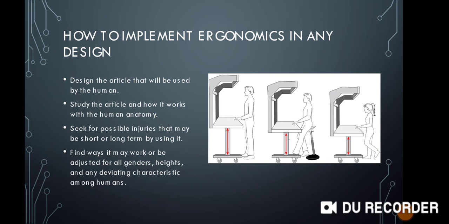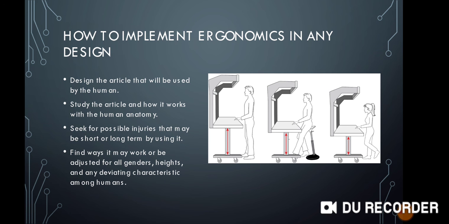How to implement ergonomics in any design. In a design, you have this. It's going to be used by the human, and you have to study the article and how it works with the human anatomy. There are different criteria for all the different characteristics that a human might have.